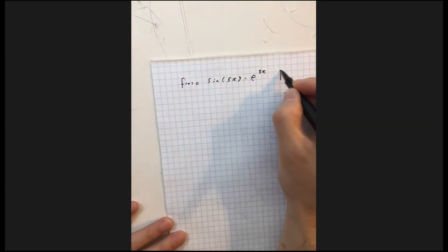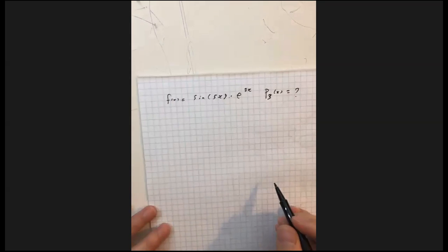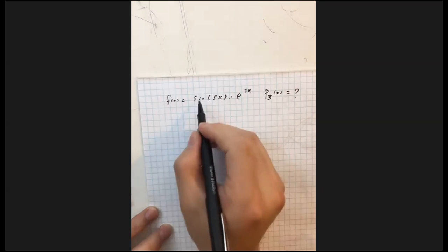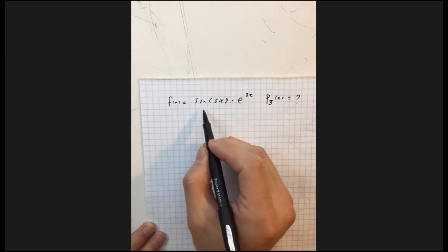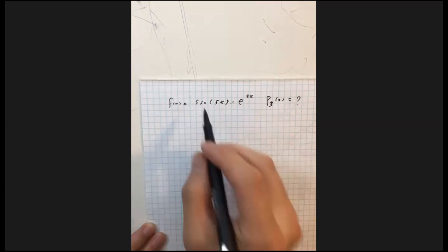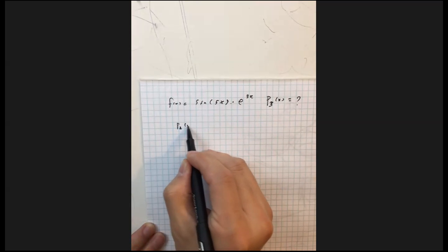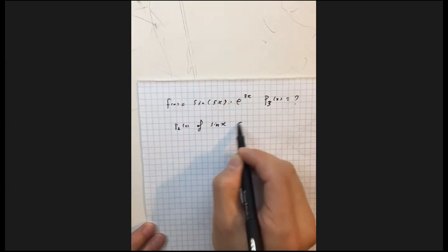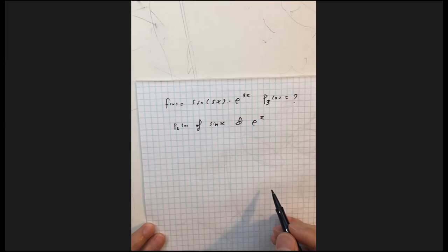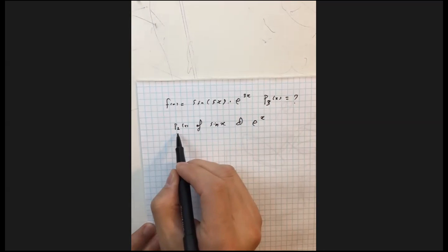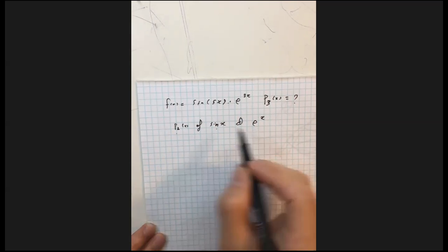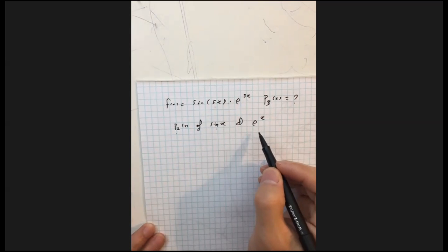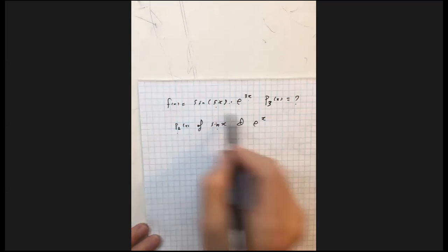Okay, suppose our question is to find P3(x). So in order to find the P3 of this function, what you need to do is just find the P2(x) of sine x and e to the x alone. Because if you can find the P2, the second degree Taylor polynomial for sine x and e to the x individually, then you can substitute 5x and 3x into each of them, and then multiply those two polynomials together to get this.